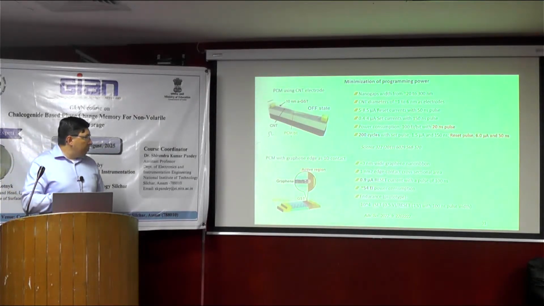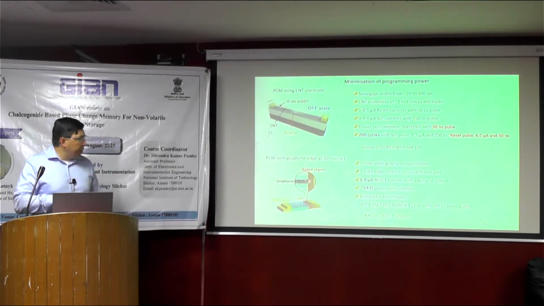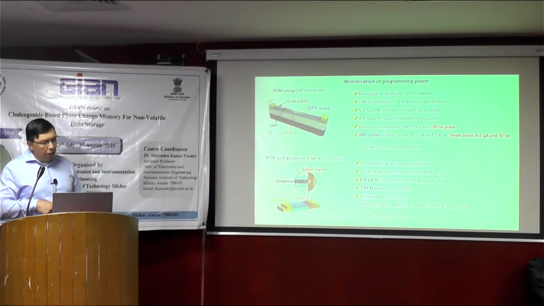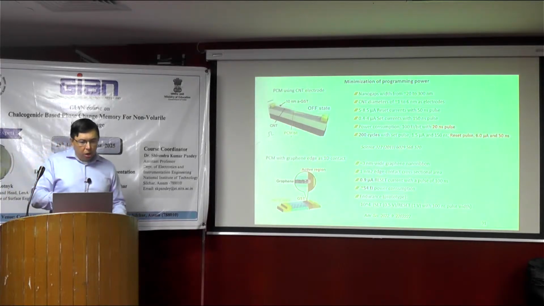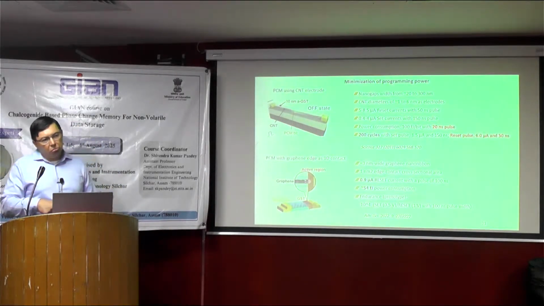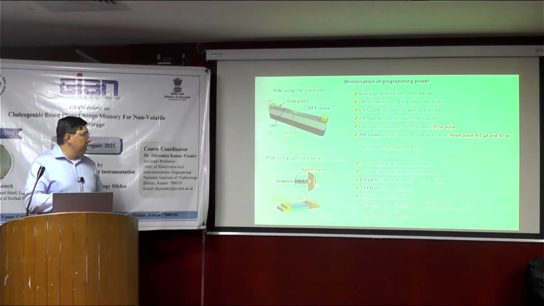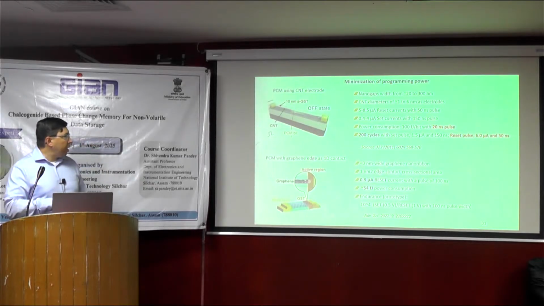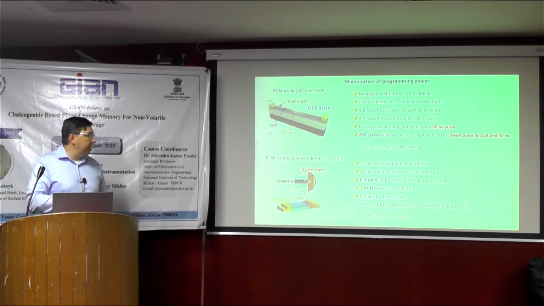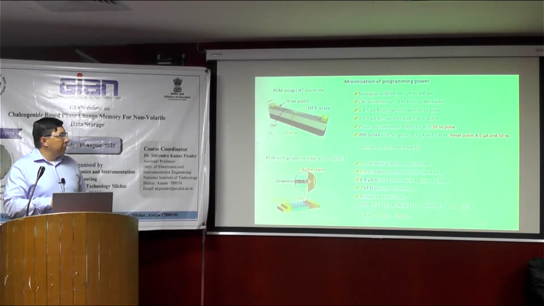And also a very interesting and new idea is to use graphene instead of CNTs for this electrode. Use the graphene as a 1D contact. Here you can use, like, a 3 nanometer wide graphene nanoribbon as a contact area, and this is a very small cross section of the contact.